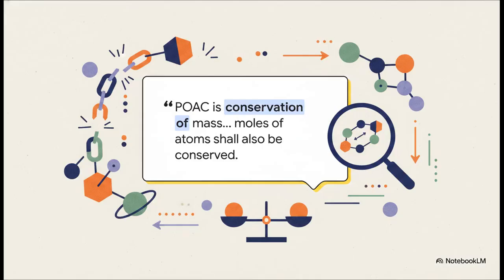But wait, what if you don't have a perfectly balanced chemical equation? What if the reaction is so incredibly complex, or maybe it goes through so many sequential steps that balancing it is nearly impossible? Well, enter the principle of atom conservation, or POAC. This is essentially a brilliant cheat code.